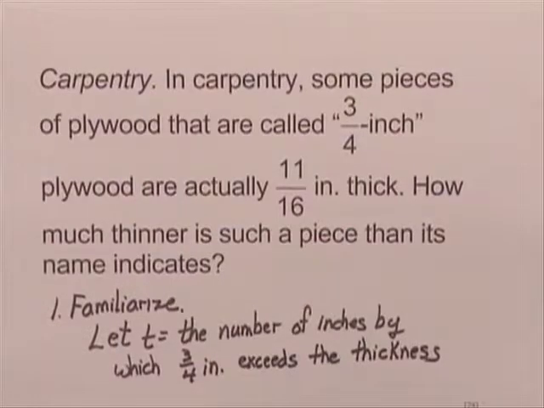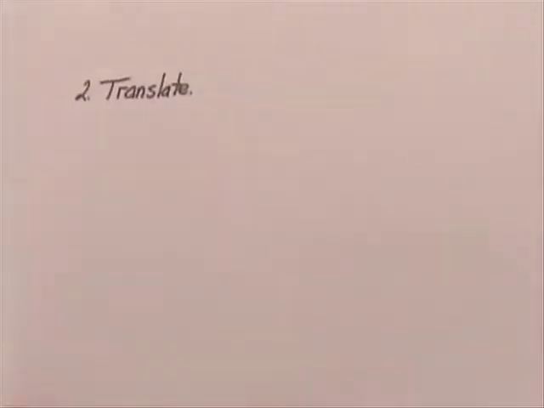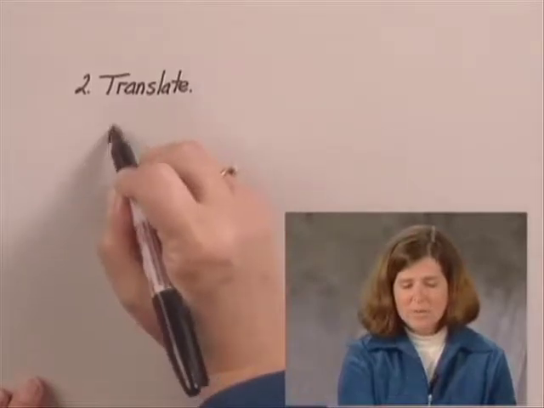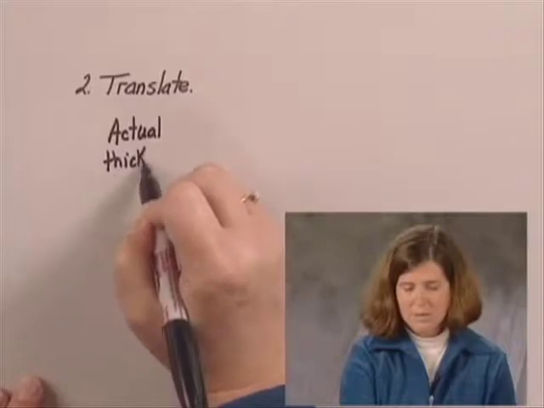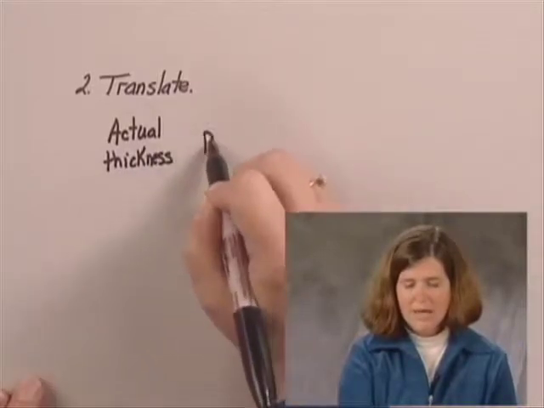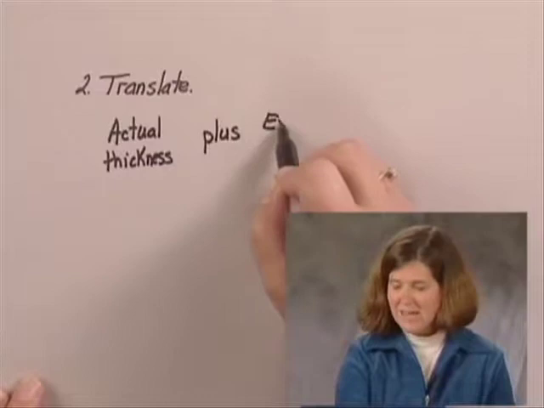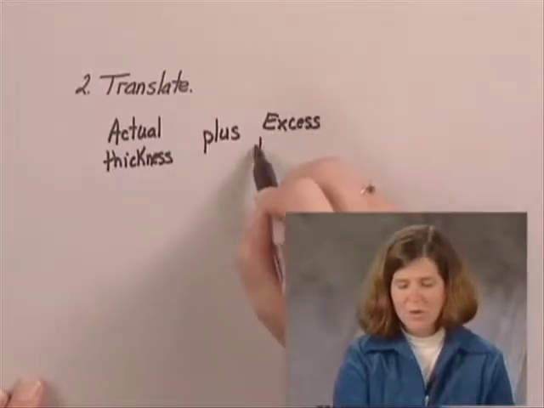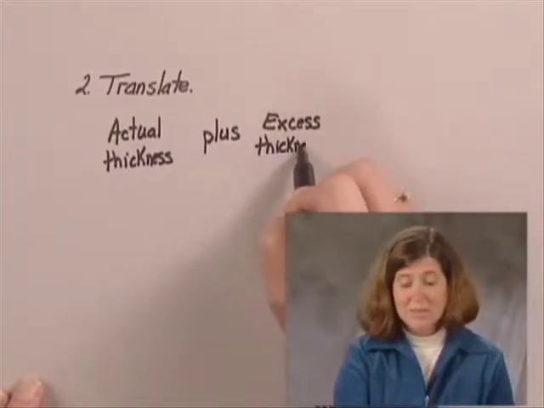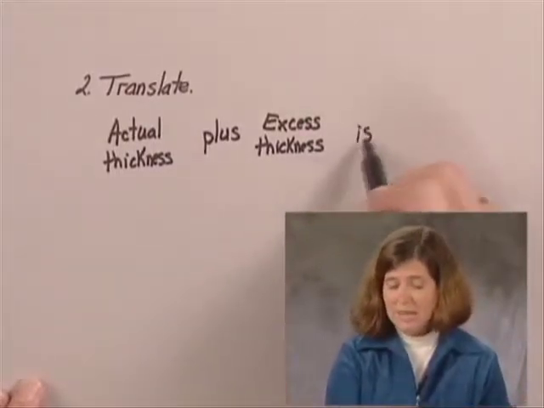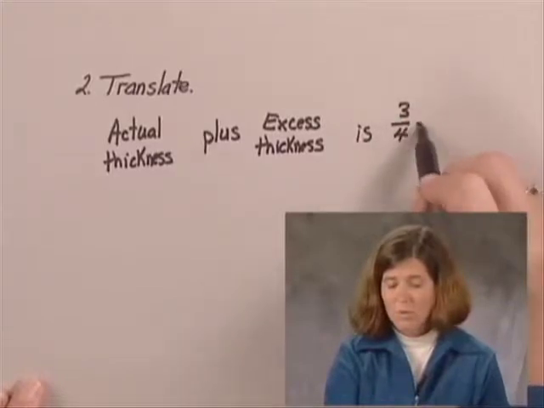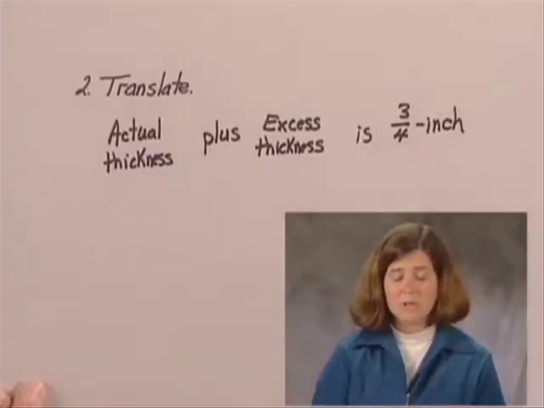Now we go to the next step of our problem-solving process, and that is to translate this situation into mathematical language. We think about the plywood, we can think of it as the actual thickness of the plywood plus the excess thickness, or the extra that we expect to be there that's not there, is what it's named, 3/4 inch plywood.